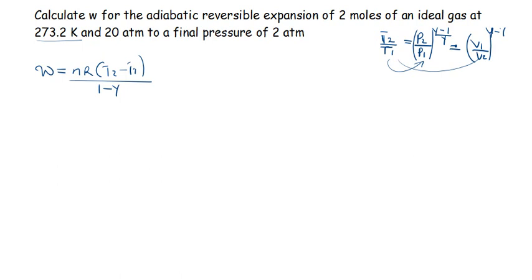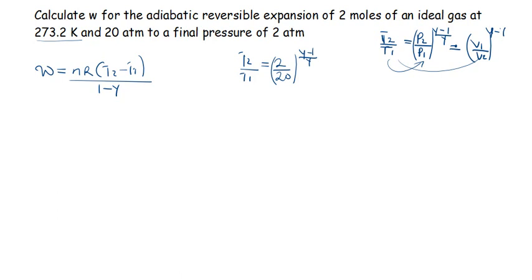So I said you bring this relationship. I'll say T2 over T1 is equal to P2, which is the final pressure of 2, over the first pressure, which was 20, to the power gamma minus 1 over the same gamma. Now, I'm lacking data here. Let me just check on this question paper.